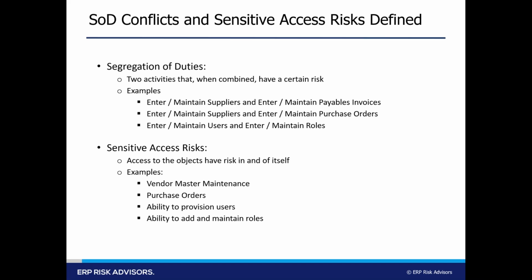Some examples of common SOD issues are entering suppliers and then maintaining payables invoices. Most of the time when we see access control software being used, they are using it to test segregation of duties, because they're thinking more of it from a compliance perspective. How do I prevent fraud between suppliers and invoices, or suppliers and purchase orders?